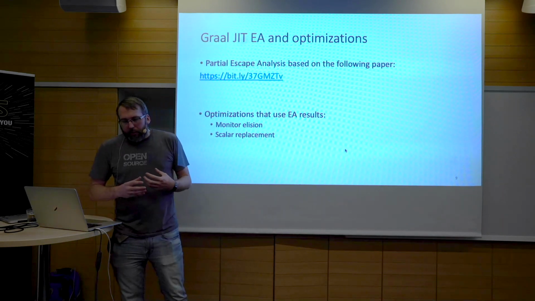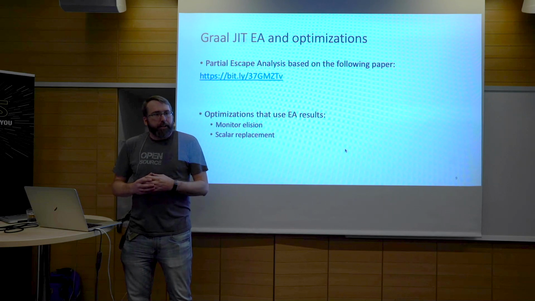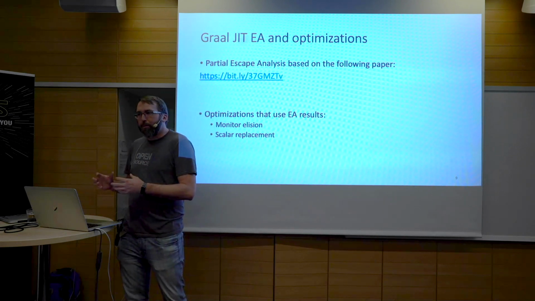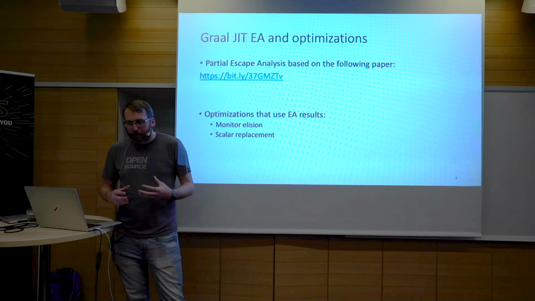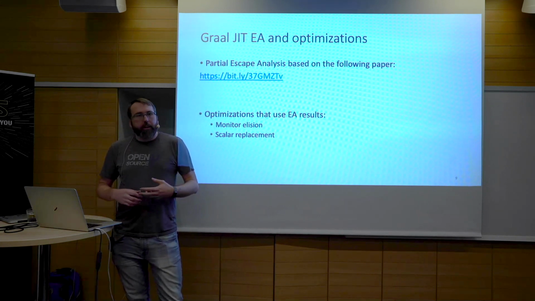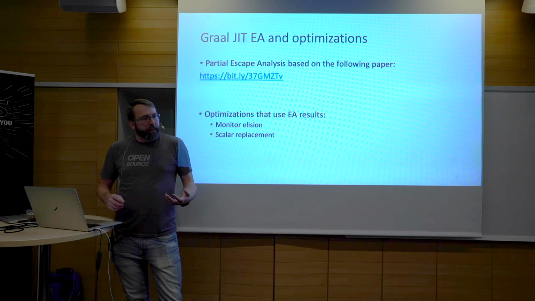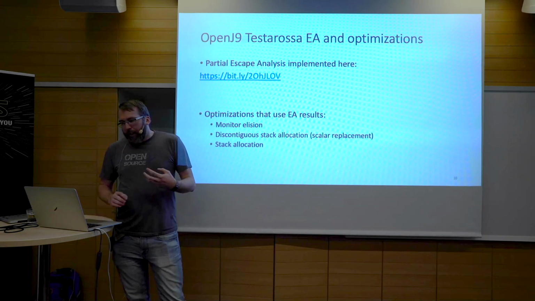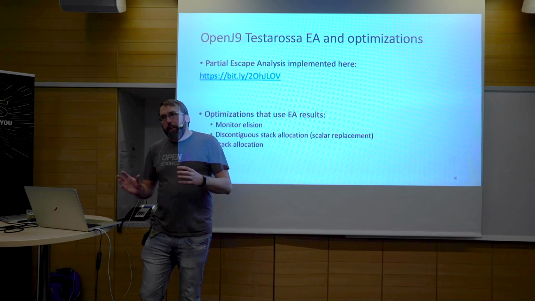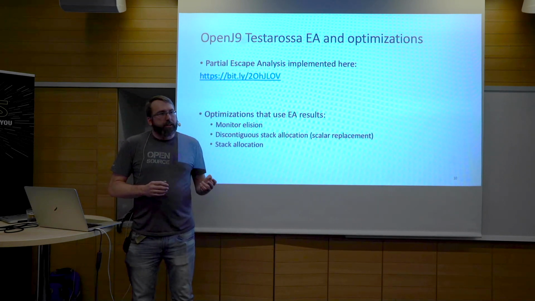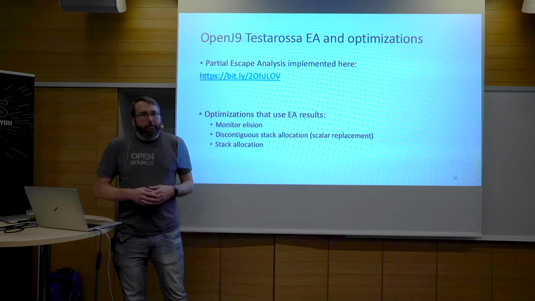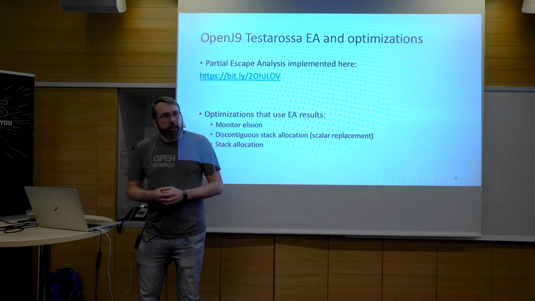Graal, again, there's another paper you can go read. Any of those deep dives would have been a talk on their own, so I'm leaving that for people if they want to know more about it. Again, it's very similar: lock or monitor elision, and scalar replacement. The difference here, and this is why I brought up this little section in the talk, is J9 actually does stack allocation as well, along with the other 2 optimizations.